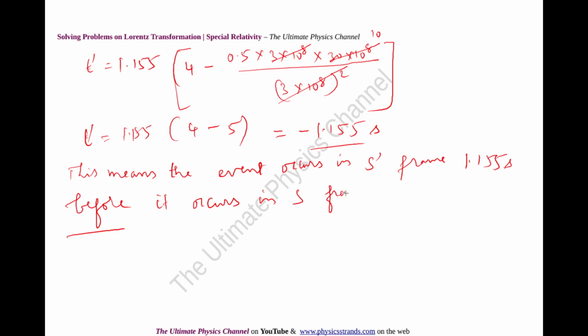So that is the conclusion we can draw from the result we have obtained here.